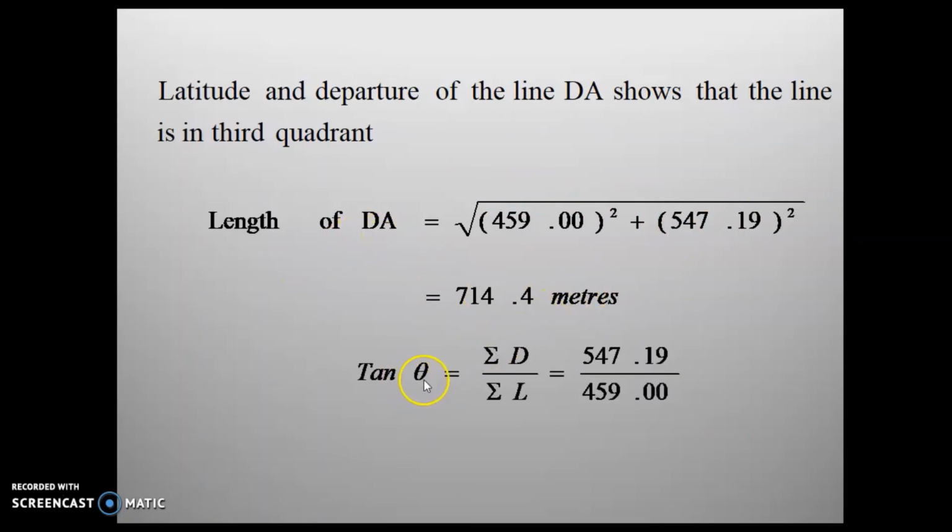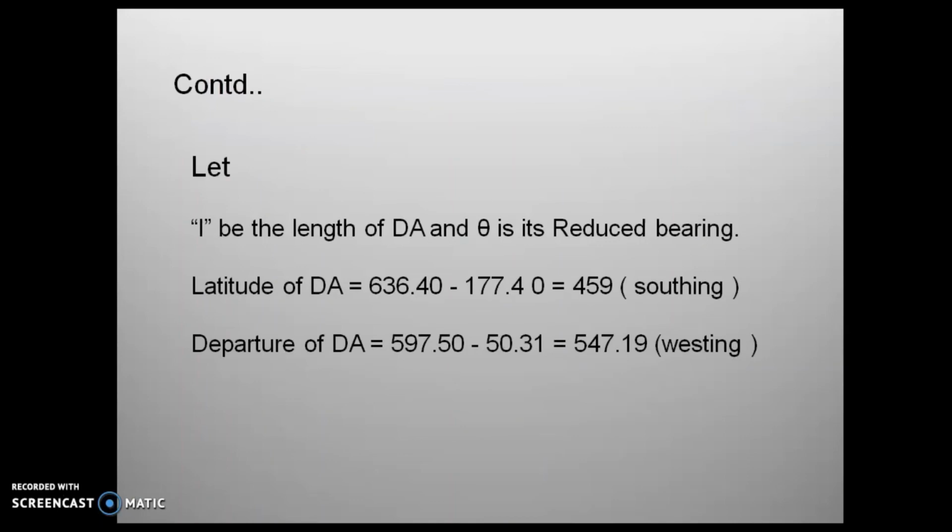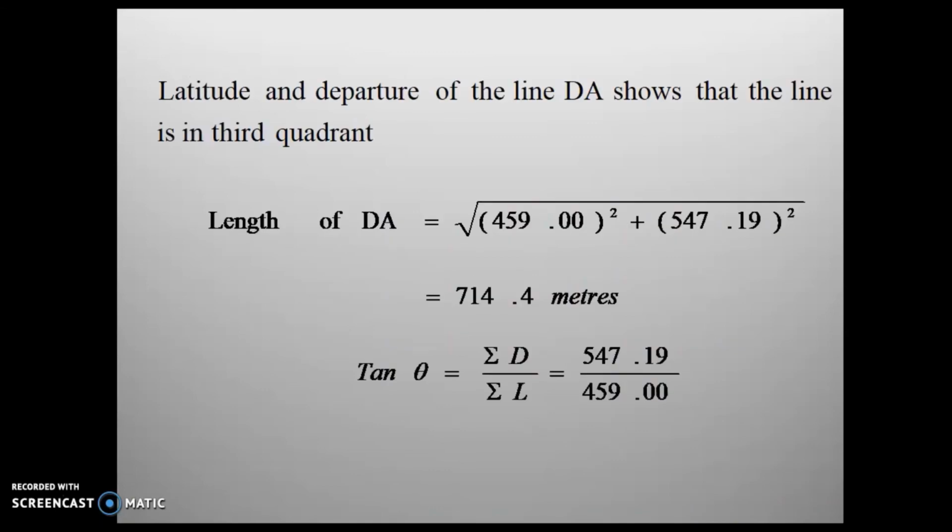Next, you know tan theta equals sum of D divided by sum of L, 547.19 by 459. So you are getting the reduced bearing, tan theta equals this value.